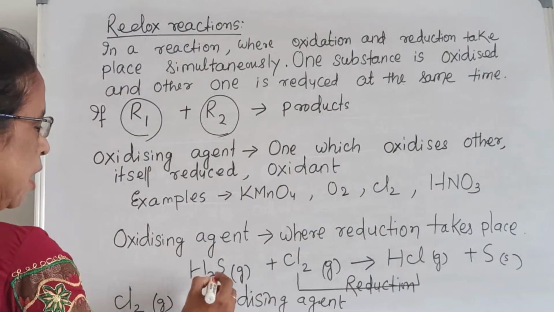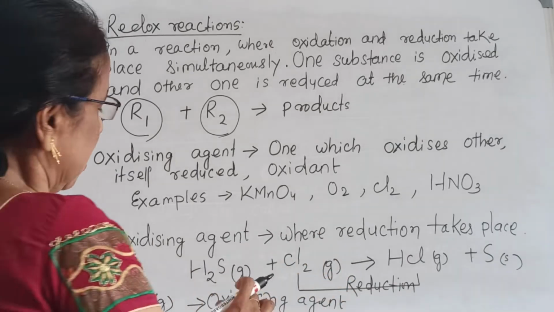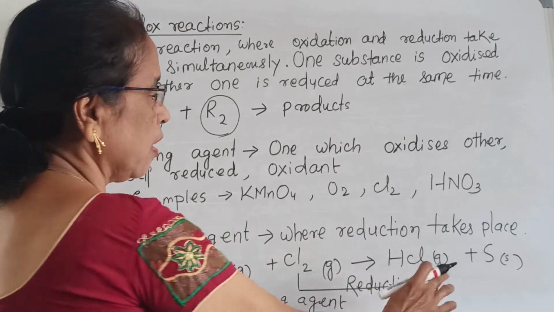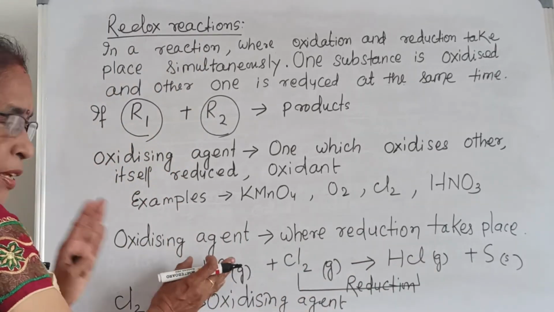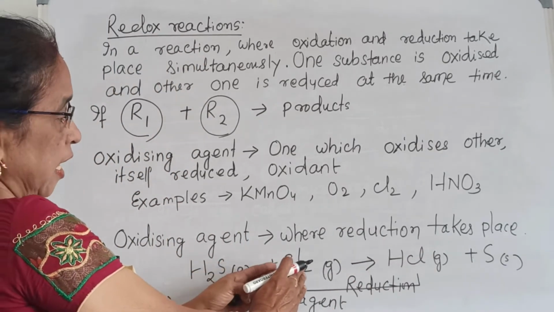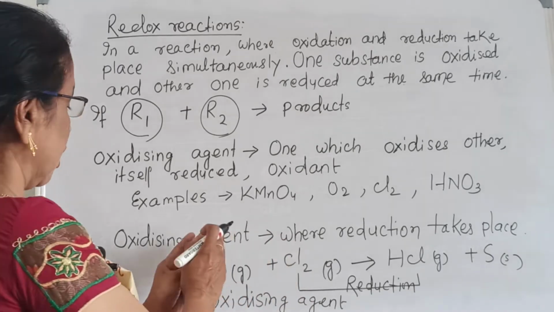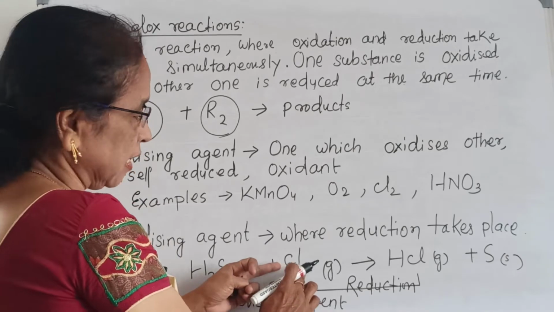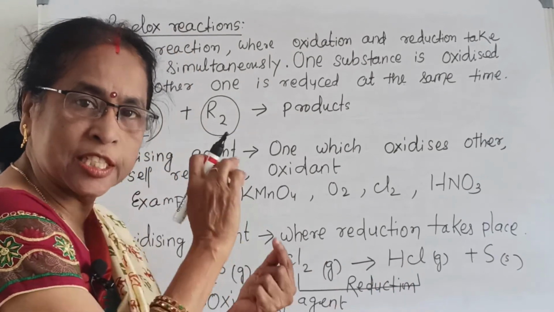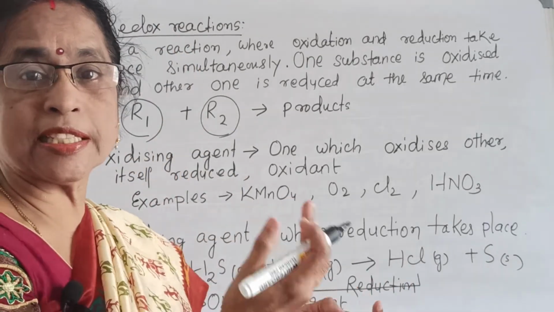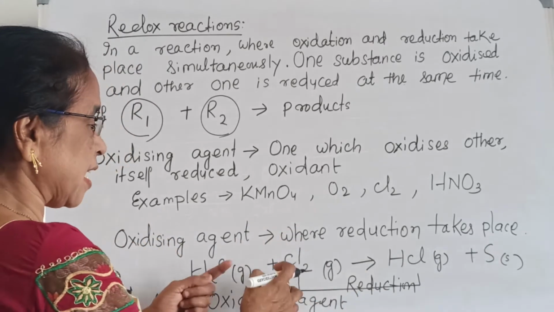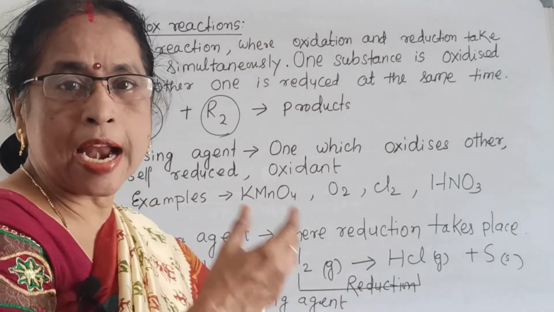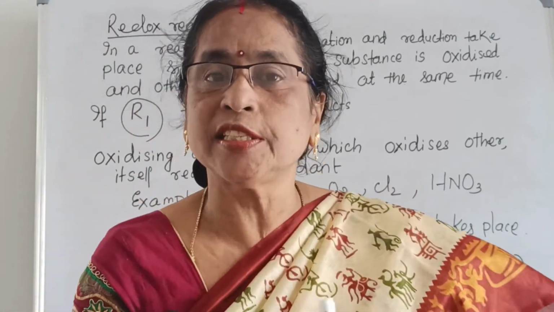Now see an example: H2S gas plus chlorine gas gives HCl gas and sulfur solid. Leave H2S, only see the part we call oxidizing agent, that is oxidant. Cl2 changes to HCl. What is the change here? An addition of hydrogen takes place. I told you addition of hydrogen is reduction.